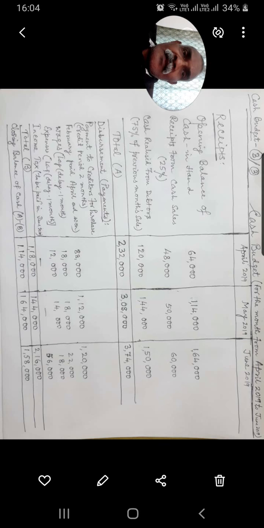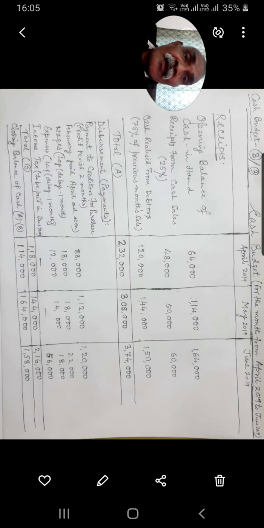Now come to the disbursement side, that is the payment side. Now the payment will be done to whom? To the creditors. Why? Because you purchase. Purchase may be on cash or credit basis. So here the purchase is on credit basis.